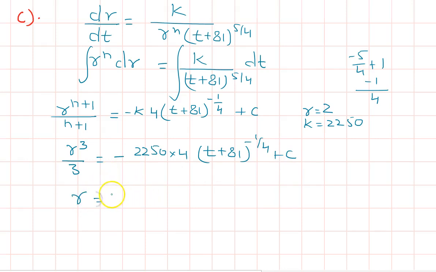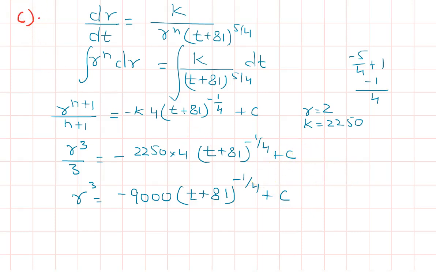So r cube is equal to minus 9000 t plus 81 to the power minus 1 over 4 plus c. The question says initially, when t is 0, r was 3.